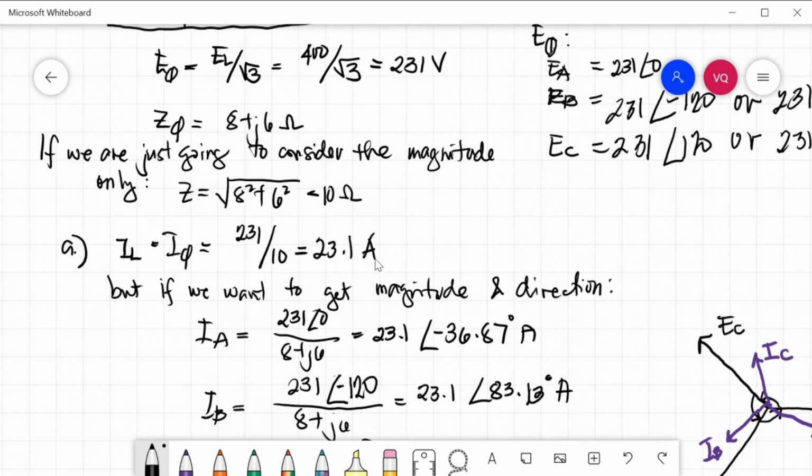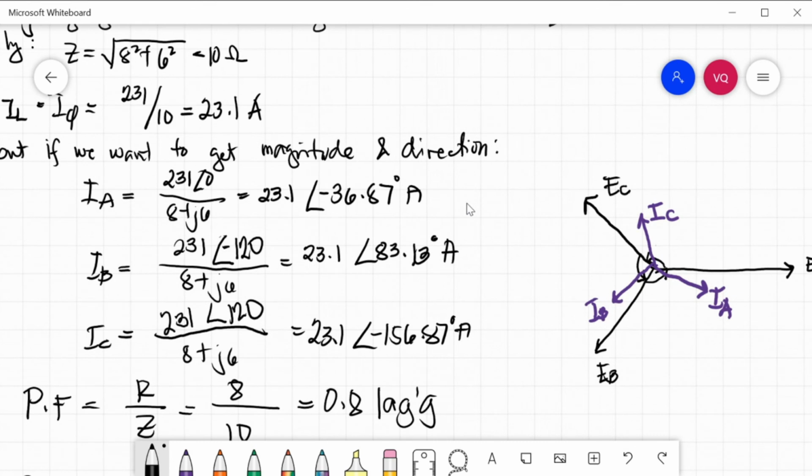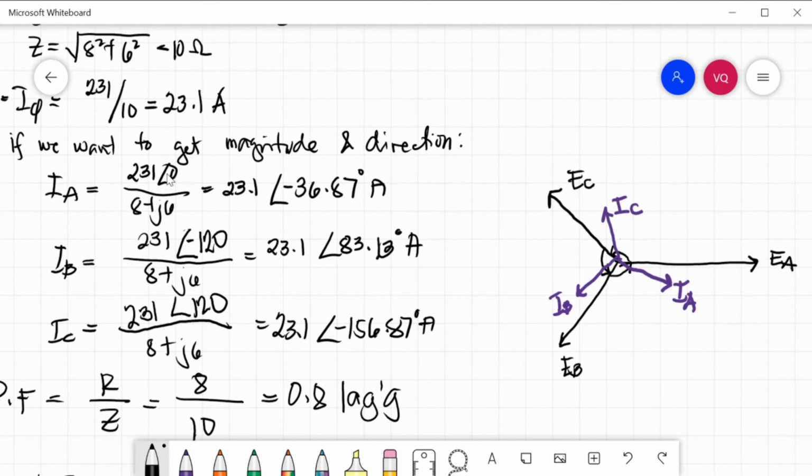So it has a magnitude only. But if we want the magnitude and direction, we will consider the currents. For IA, we have 231 angle 0 divided by 8 + j6. That is 23.1 angle negative 36.87.